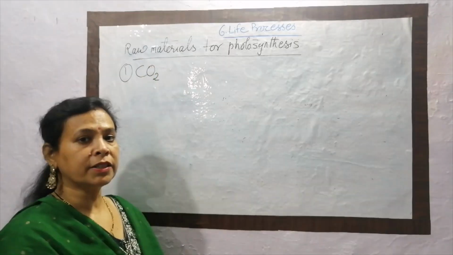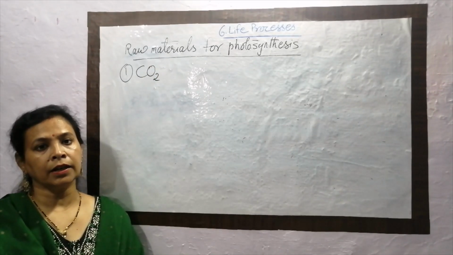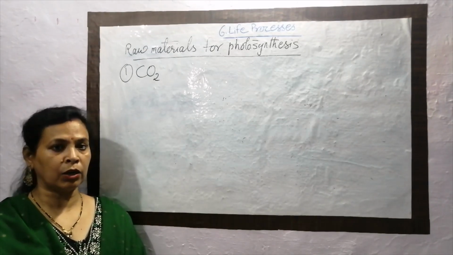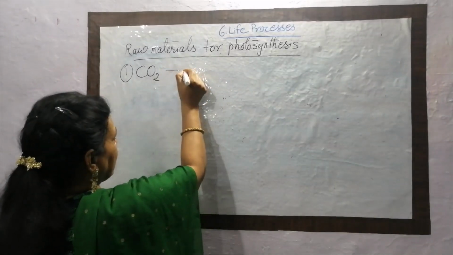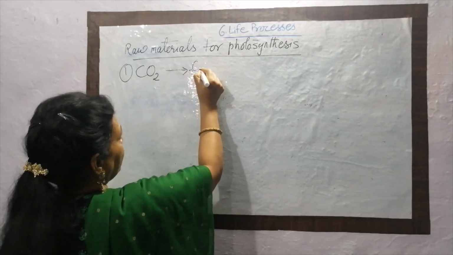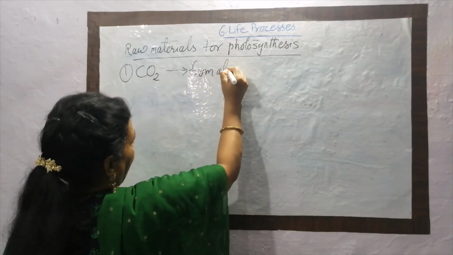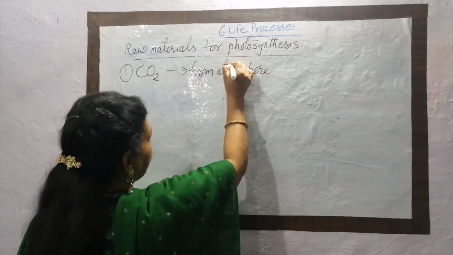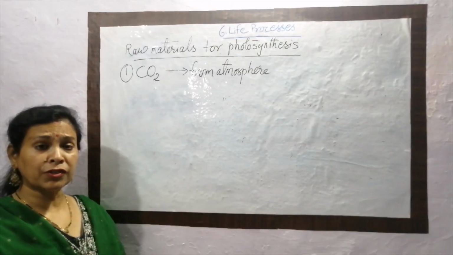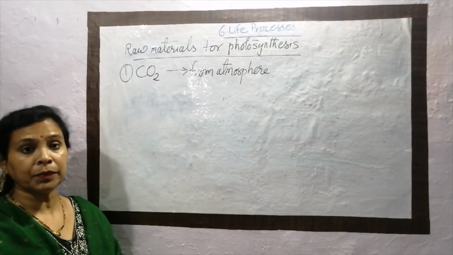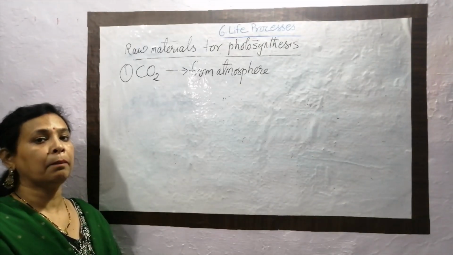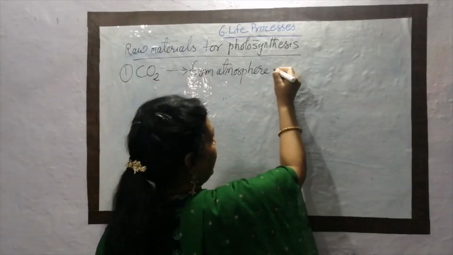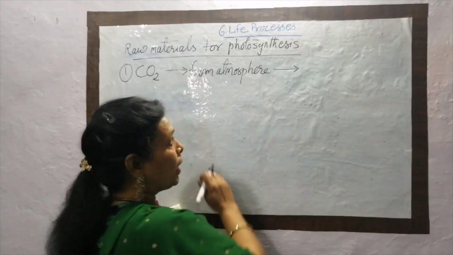The first raw material for photosynthesis is carbon dioxide. And from where does the plant get this carbon dioxide? Plant gets this carbon dioxide from the atmosphere. कहाँ से मिलता है? एटमॉस्फेयर से. एटमॉस्फेयर में abundant कार्बन डाइऑक्साइड प्रेजेंट है, and that is utilized by plants for the process of photosynthesis. How does this carbon dioxide reach the plants?